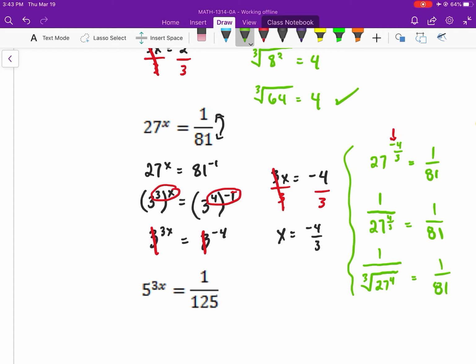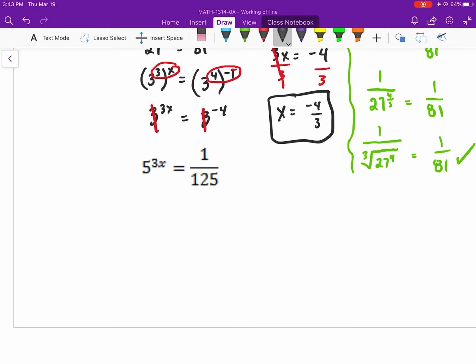So I'm going to do the cube root of 27 to the 4th power. And guess what? I came out to 81. So that means this checks, which means my answer is correct. Alright, so far so good.